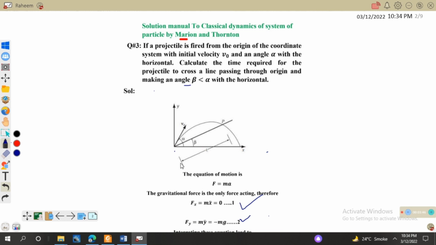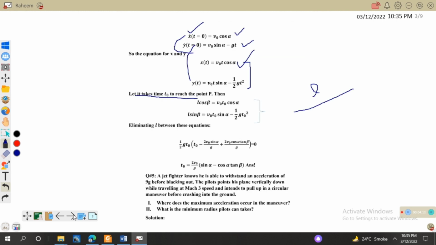The length of this incline is L, so we resolve it into two components. One is L sin beta in the perpendicular direction and the other is L cos beta in the horizontal direction. Equating the two components, L cos beta will be equal to the horizontal component of displacement and L sin beta will be equal to the vertical component of displacement.